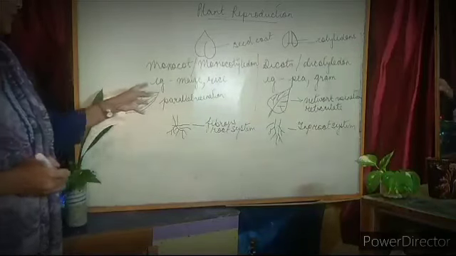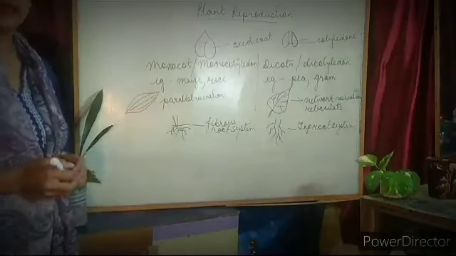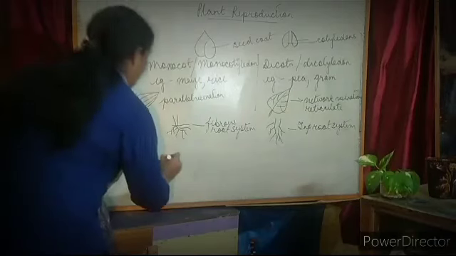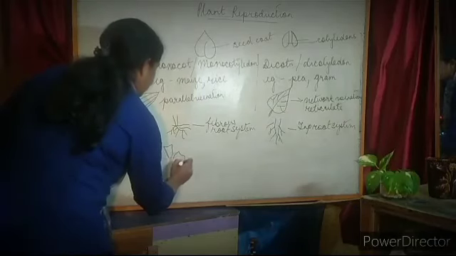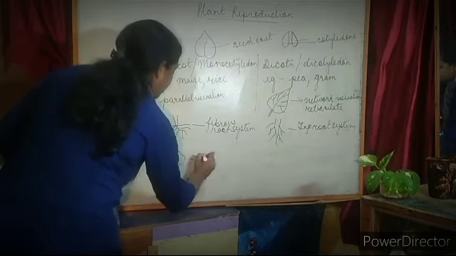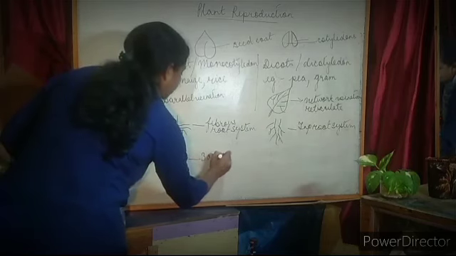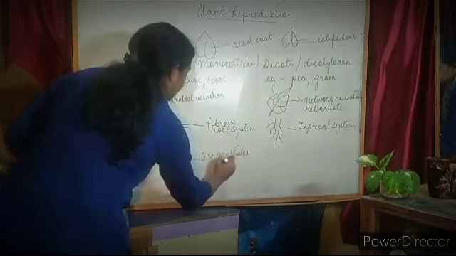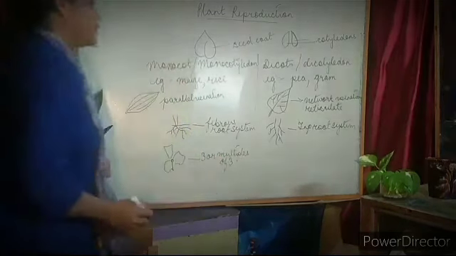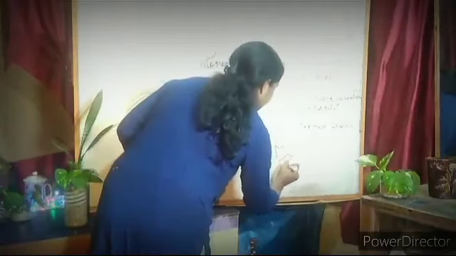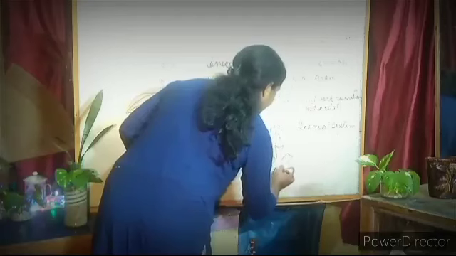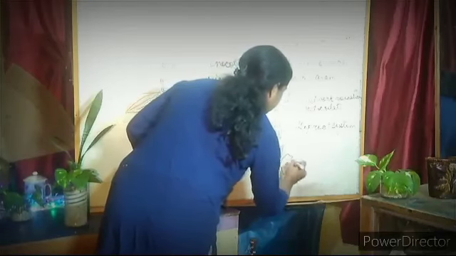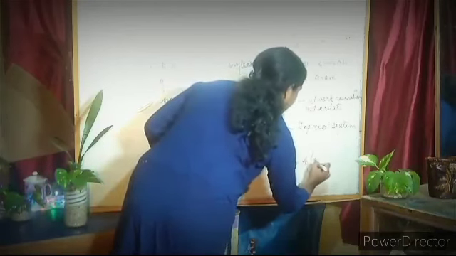Again, if we see the petals of the flowers, in monocot the petals are usually 3 or multiples of 3, whereas in dicot the petals are 4 or 5.